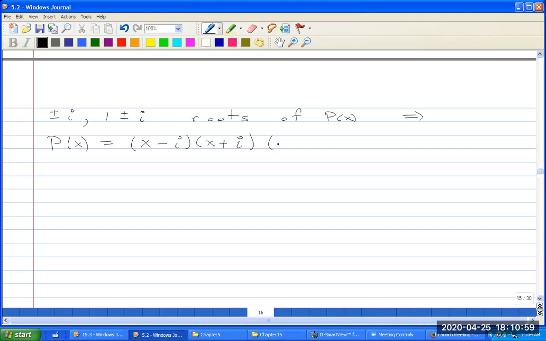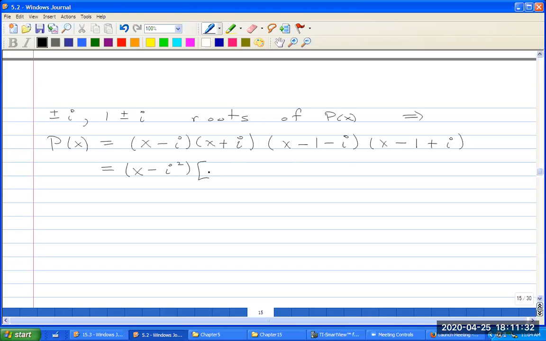And let's do x minus 1 minus i for the x plus 1 plus i, and x minus 1 plus i for the 1 minus i root. So this, well, x minus i times x plus i, that's the difference of squares. And so it's x minus i squared.